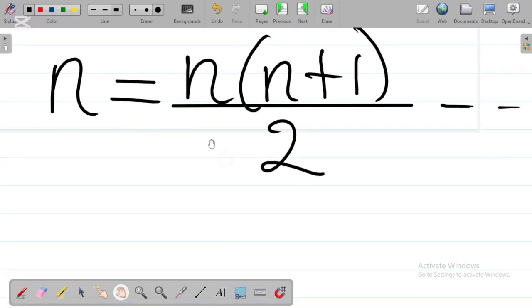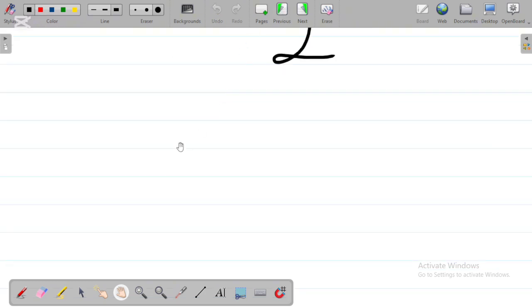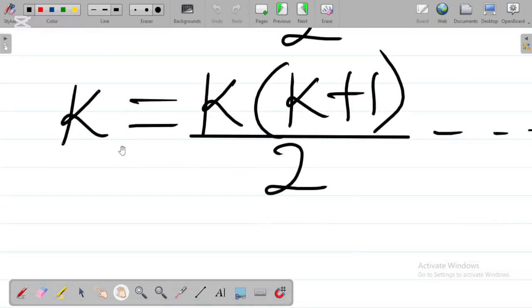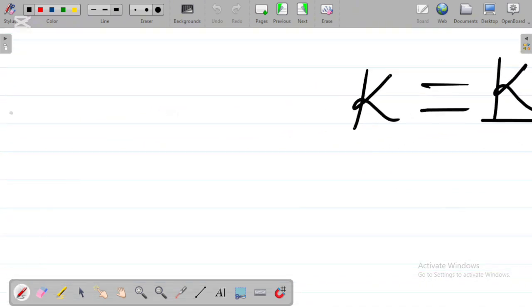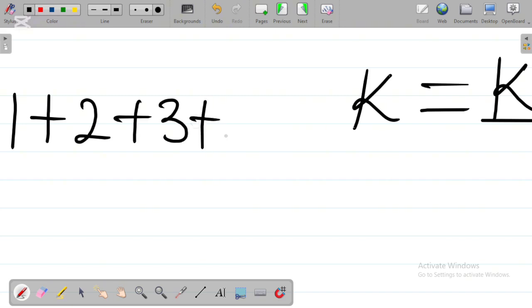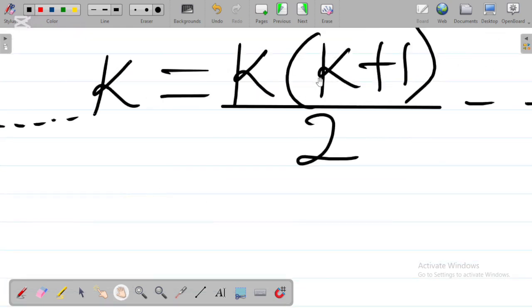Now take note of this. Before you start substituting into equation 2, kindly write down the left-hand side of equation 1 and add it to the left-hand side of equation 2. Let's check equation 1 again. For the left-hand side of equation 1, we have 1 plus 2 plus 3 plus ... k is equal to k open bracket k plus 1 close bracket all divided by 2.